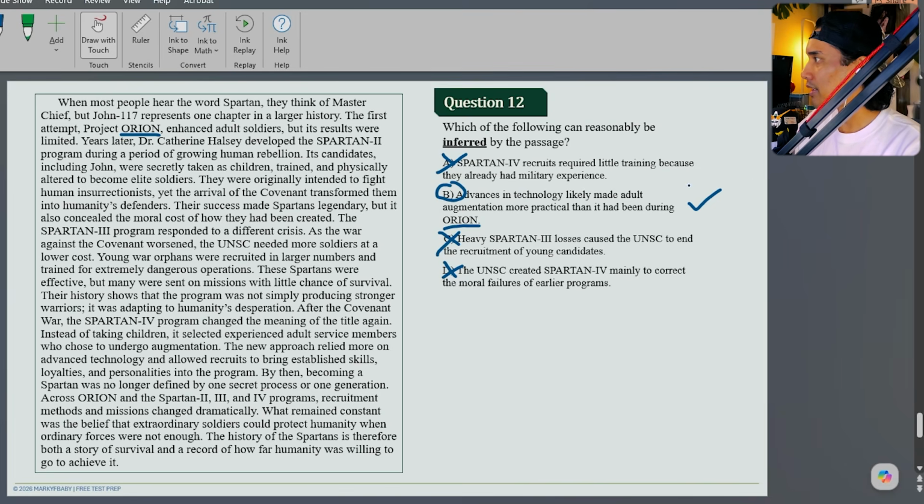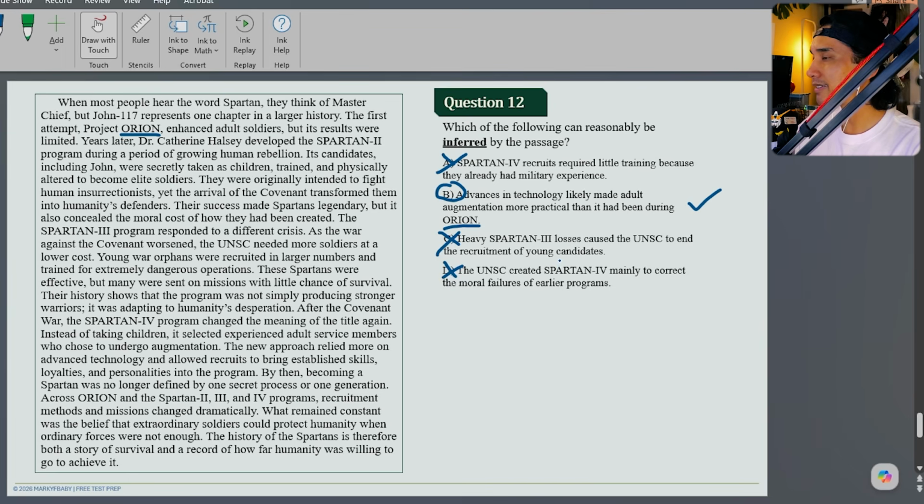So the passage tells us Project Orion enhanced adults but achieved limited results. And then the passage also tells us Spartan 4s returned to adult recruits and relied more heavily on advanced technology. By connecting these details, we can reasonably infer that advances in technology made augmenting adults more practical than it had been during Orion.